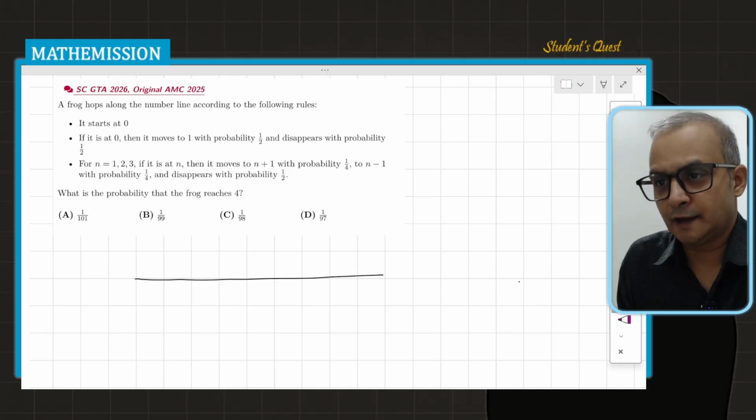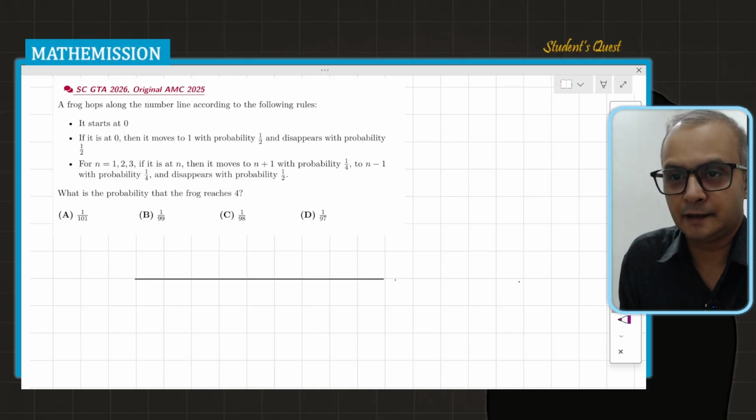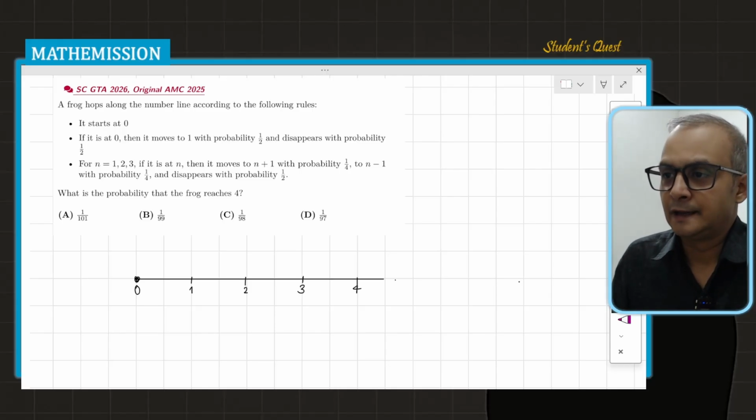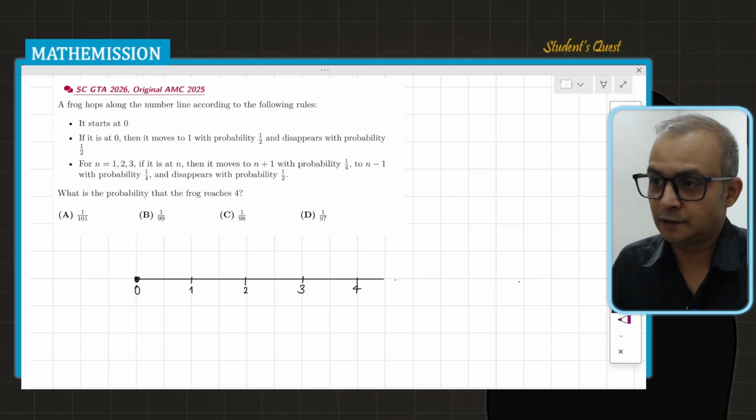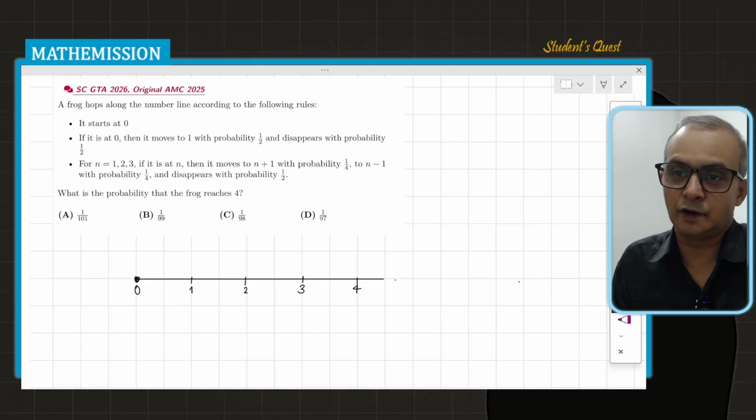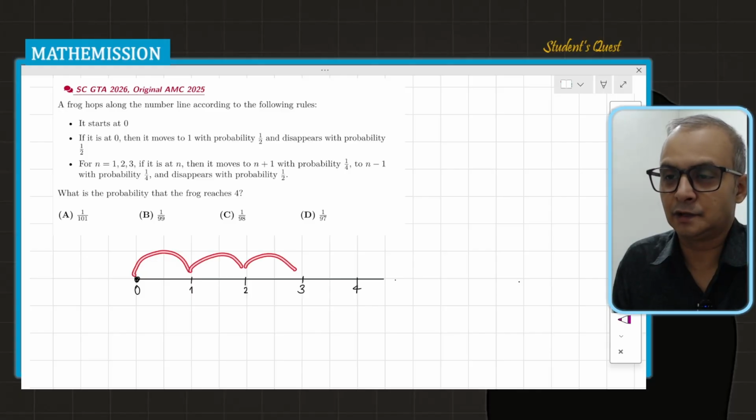So suppose I have this number line, and there are 5 numbers because it starts from 0. So let's say this is 0, 1, 2, 3, and 4. This is the final position. The frog starts from 0, and it wants to hop from here, then from here, and so on, and it wants to reach 4.